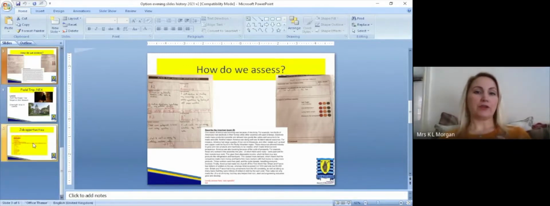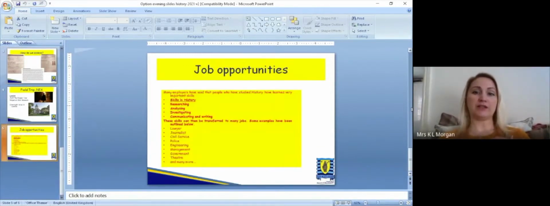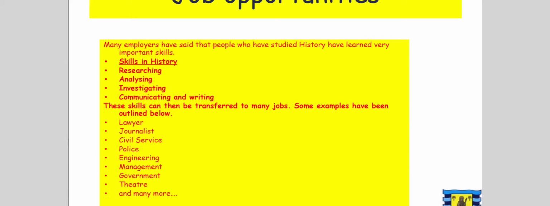Finally, the question I get asked probably the most, and it is an important one, is job opportunities. Now, with history, because it is an academic subject, it of course does give you those skills that are there. So the researching, analysing, communication and writing, as I've just discussed with essays. But these can be then transferred to many, many jobs.